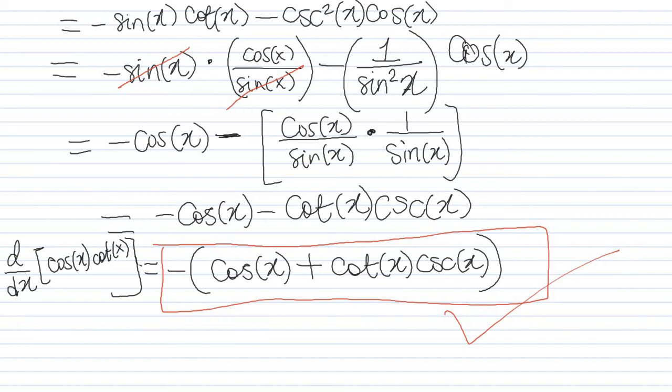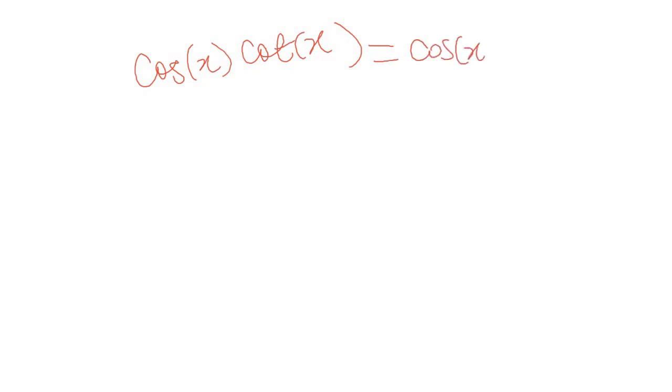But now the thing with the shortcut method here is I always teach you guys the shortcut method, which involves breaking down the function into smaller bits and then differentiating that smaller bit. So in this case, we have cosine x cotangent x. This can also be cosine x. What is cotangent x again?